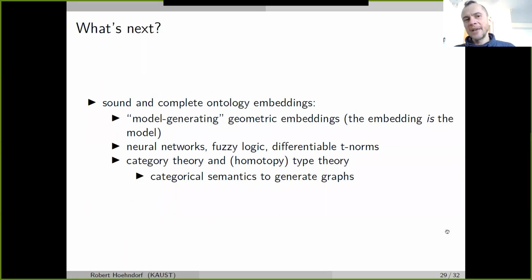The next steps are to work towards more sound and complete embeddings, because we do want formal guarantees. We want them not only because it's beautiful to have these guarantees, but because they would tell us that what we are doing is actually finding models, faithfully capturing the semantics.